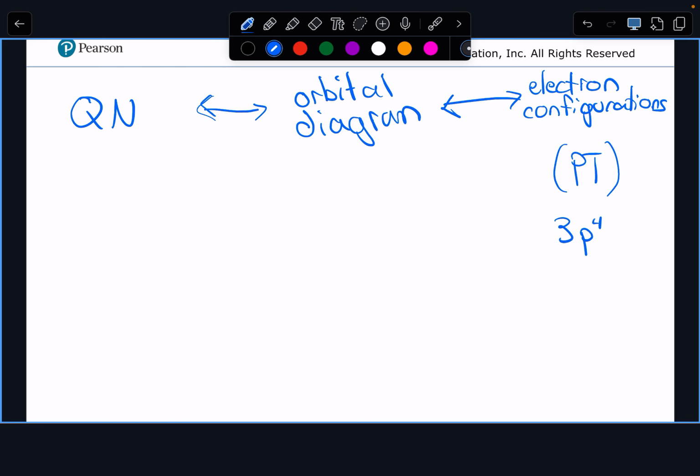In the main group elements, this is a key point I feel like I didn't emphasize enough in the last classes: the d orbitals are not considered part of the valence electrons. So even in something like selenium, which is one step further, the abbreviated electron configuration of selenium would be argon 4s2 3d10 4p4.